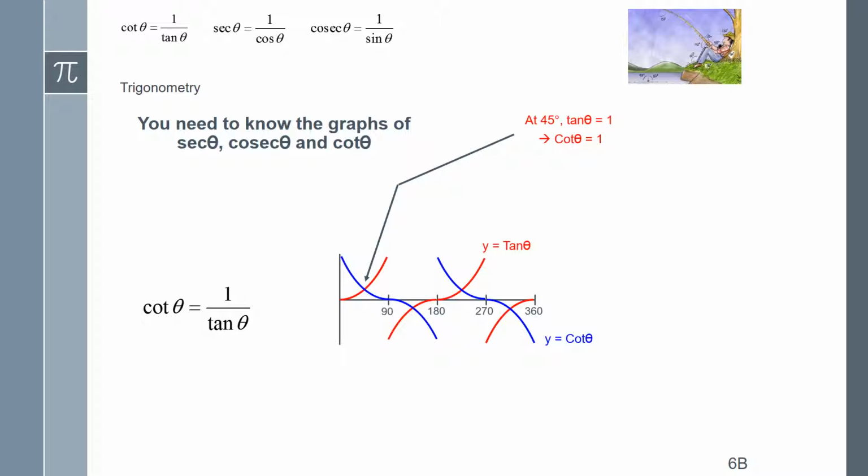At 90, tan theta is tending towards infinity, so 1 divided by infinity is tending towards 0. And at 180, tan theta is 0, so at that point we have the undefined problem again, so we have the asymptote there. So that is the shape of cot theta.